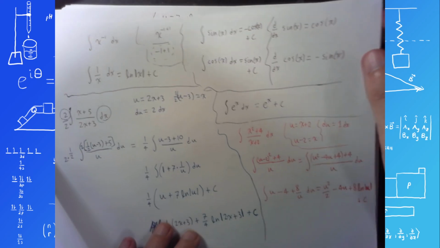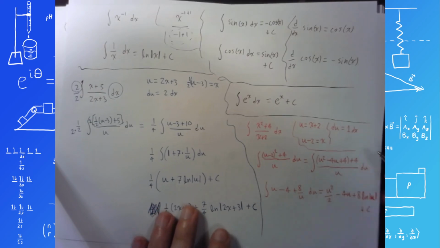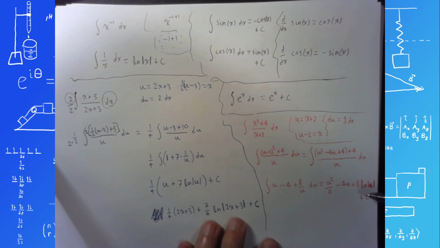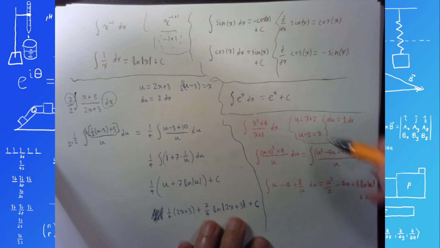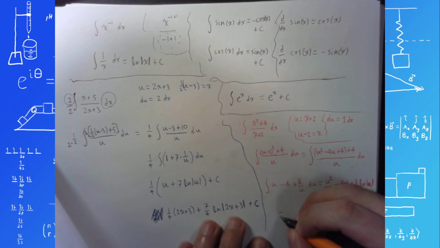Oh, I just realized I forgot to resubstitute for my u over here. It just dawned on me. So this is going to become what? x plus 2 squared over 2? Man, how did I miss this?